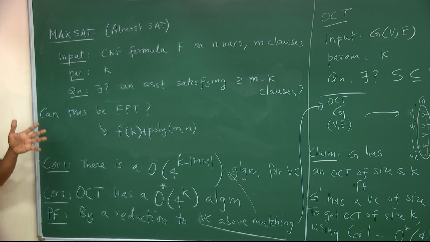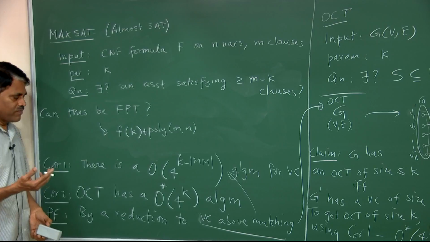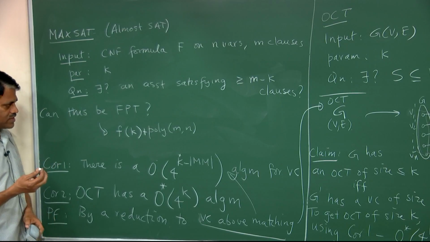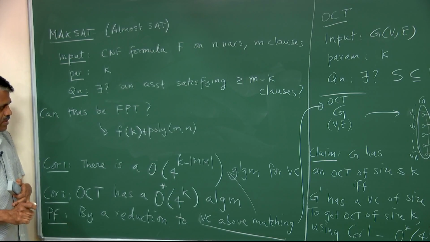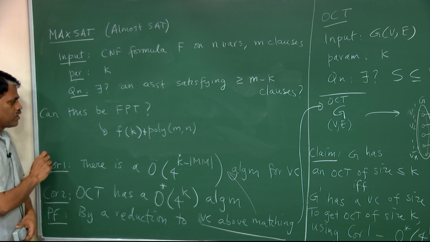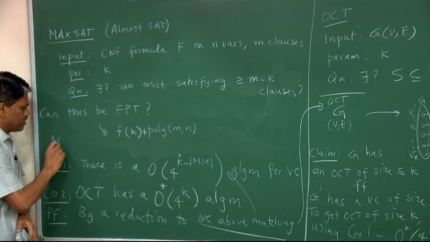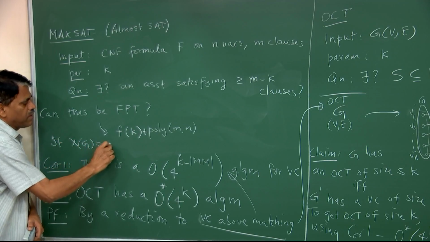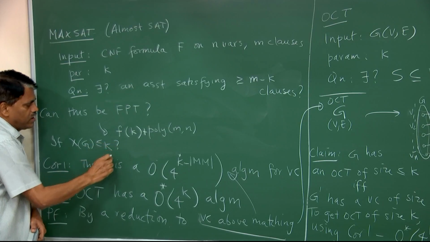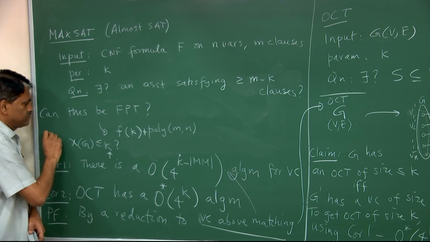Okay. A similar, analogous example would be graph coloring. I ask, is the chromatic number equal to k, or less than or equal to k, where k is my parameter?